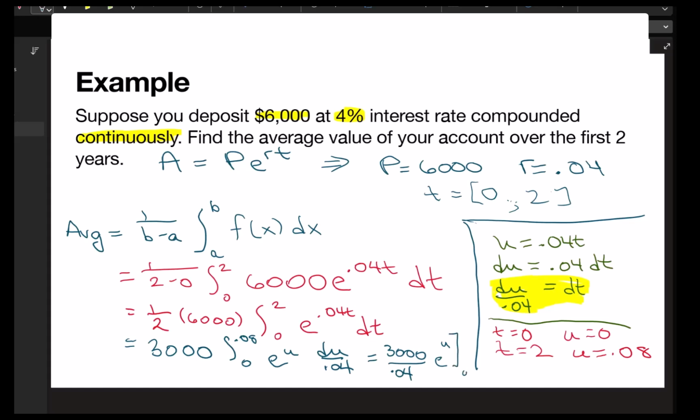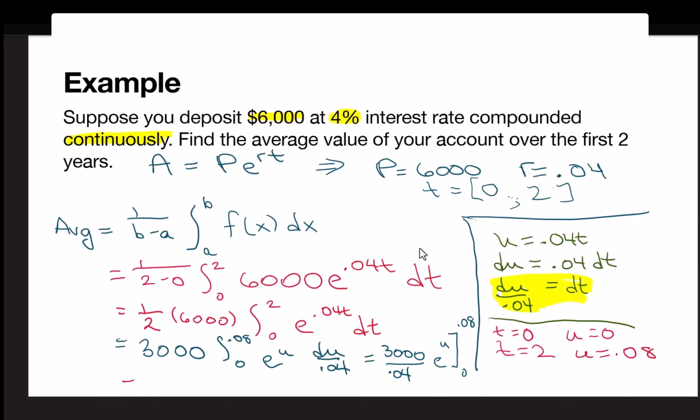And I'm going to evaluate that between 0 and 0.08, and I don't have to change the u back to t's because everything is evaluated in terms of u now. This is now equal to 3,000 divided by 0.04, which is 75,000, times e to the 0.08 minus e to the 0, which is 1.